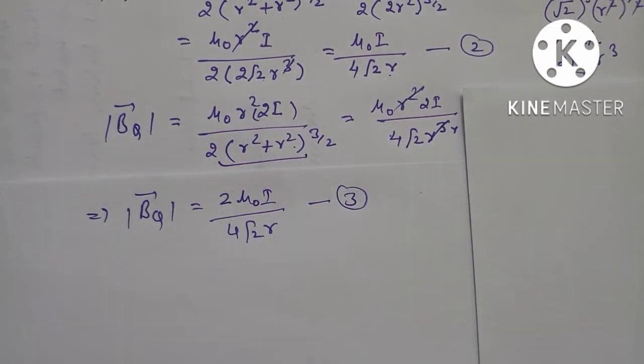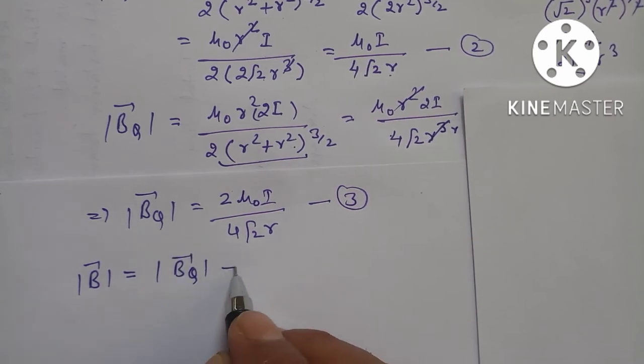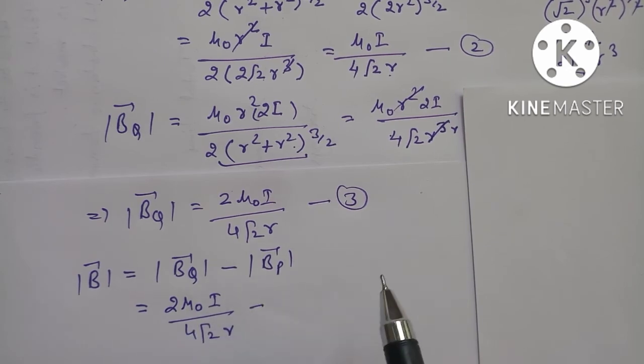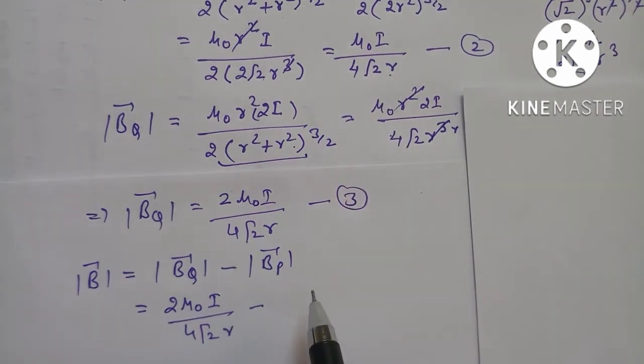Now we are going to calculate the net magnetic field at point O due to the two coaxial loops P and Q, and let it be given by B vector. This equals the magnitude of BQ vector minus the magnitude of BP vector, and BQ is 2 mu naught I over 4 root 2 r minus BP, which is mu naught I over 4 root 2 r.